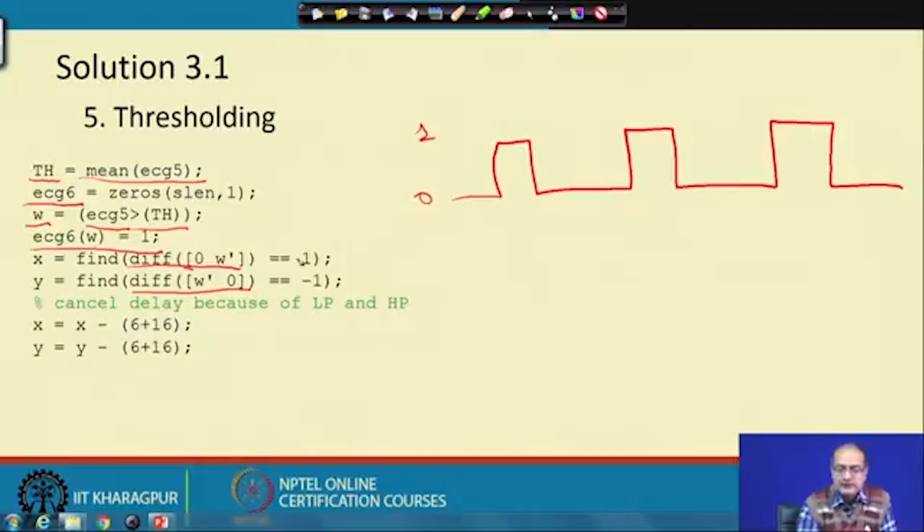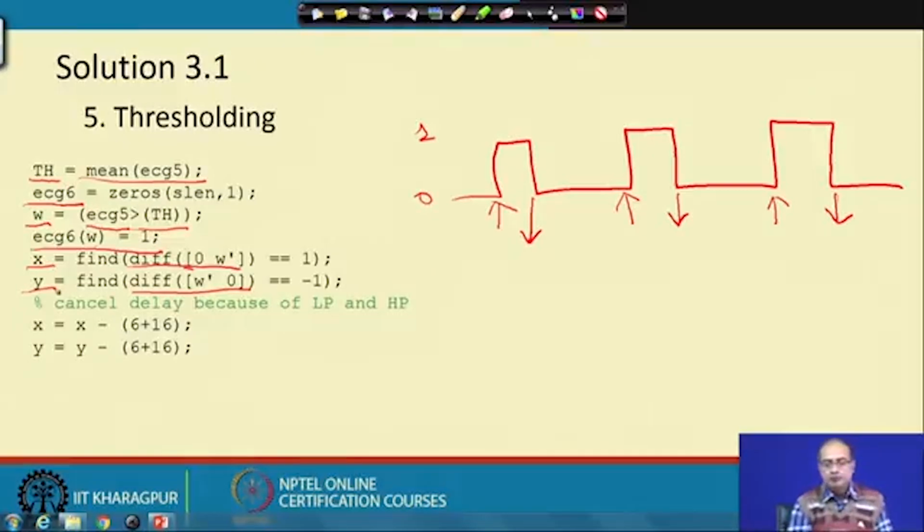Now, after the differentiation operation, we are trying to catch the places where a transition is happening from 0 to 1. So, we are catching those indices here in the vector x, and wherever it is becoming 1 to 0, that is caught here and collected in this vector y.